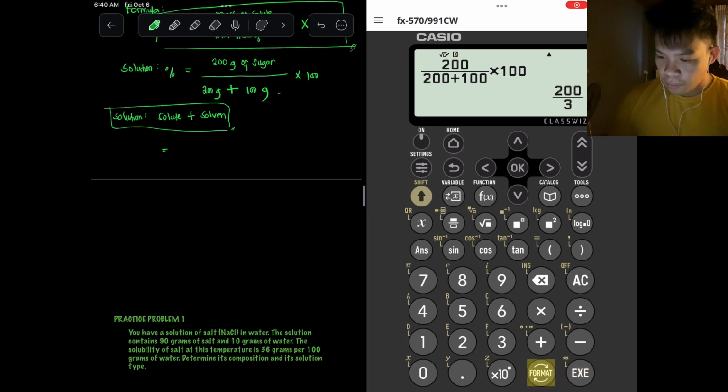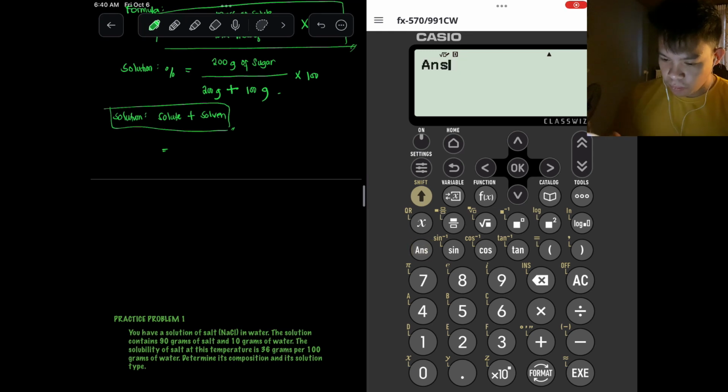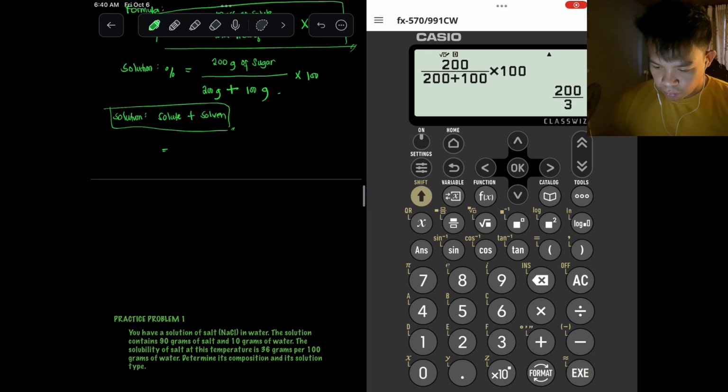Once more, we have 200 plus 100, multiplied by 100. We have 66.67%.